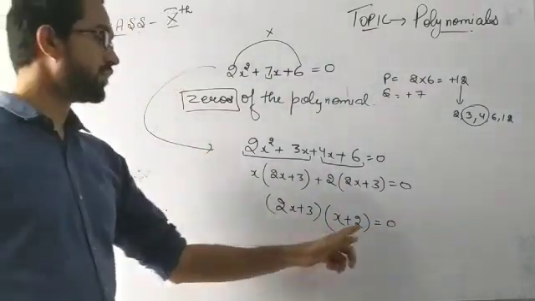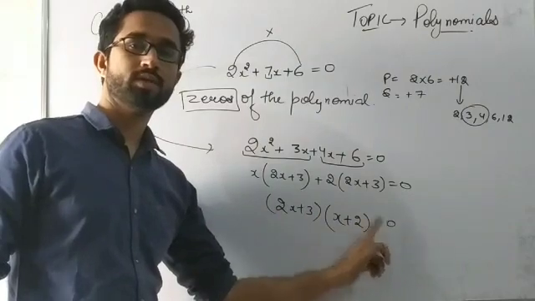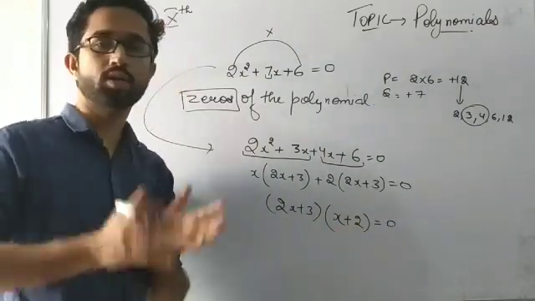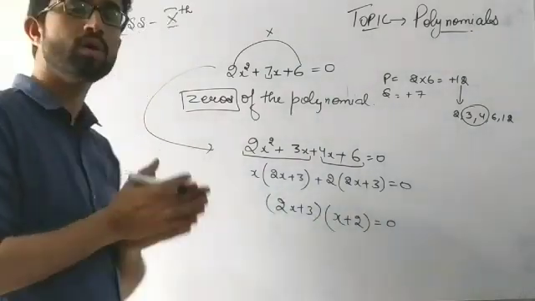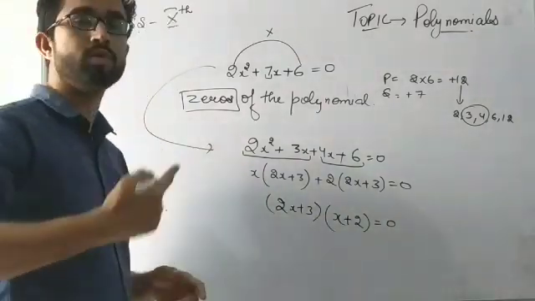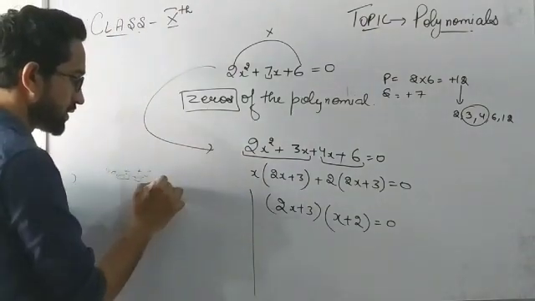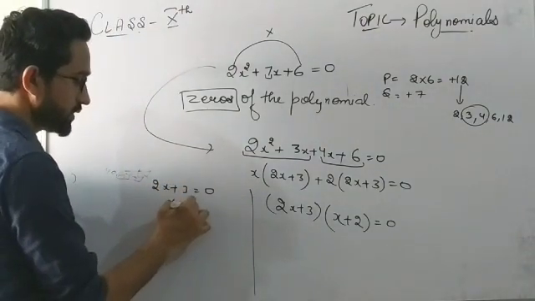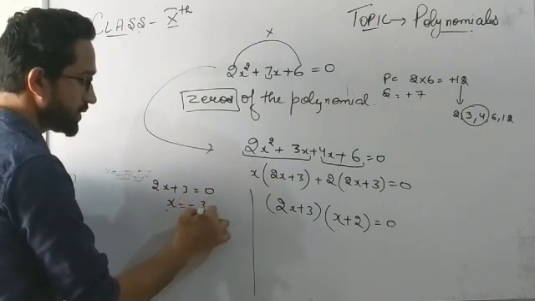Now since we have got two terms whose product is 0, we can say that either this is 0 or this is 0, then only the product of two terms can be 0. Either of them should be 0. So we can say 2x plus 3 is equal to 0 and x will be equal to minus 3 by 2 here.